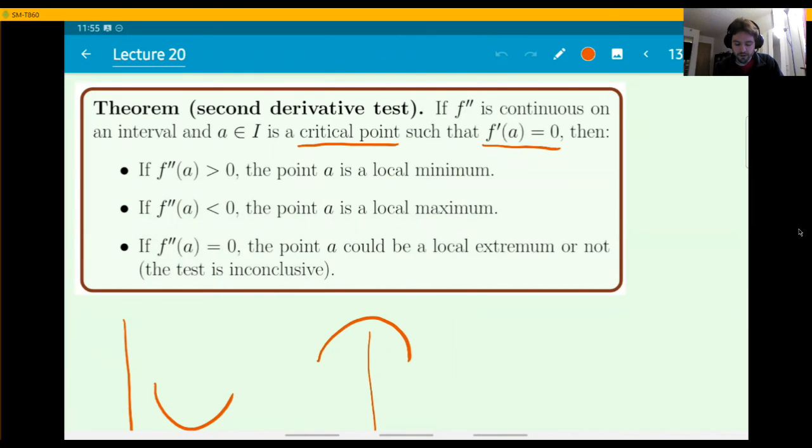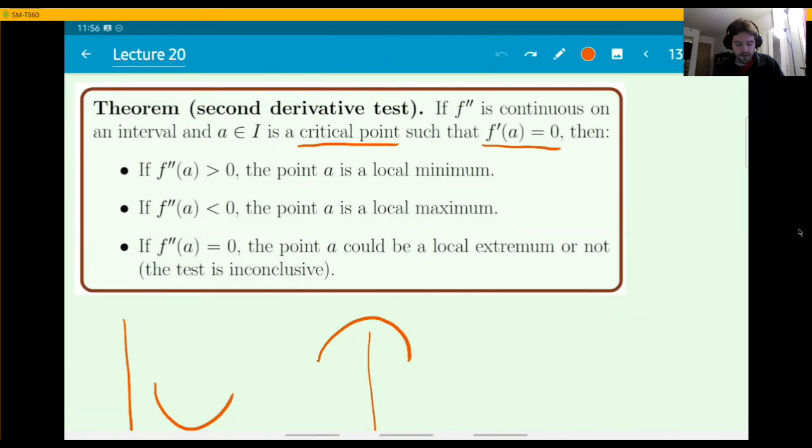Here's how it works. Technicality: the second derivative function must be continuous. And you must apply this to a critical point. That's important. So it has to be a point where f prime is equal to 0. It cannot be a DNE because we're saying f double prime exists. So it is already a point where f prime is 0.